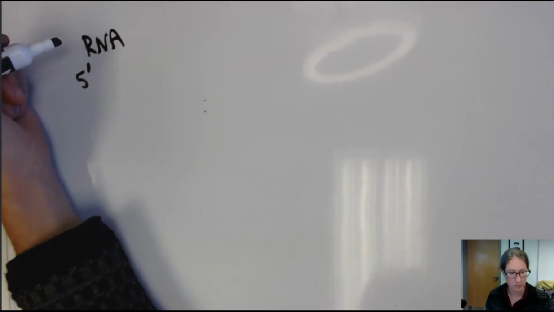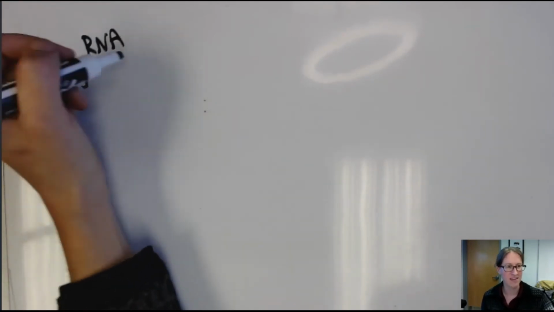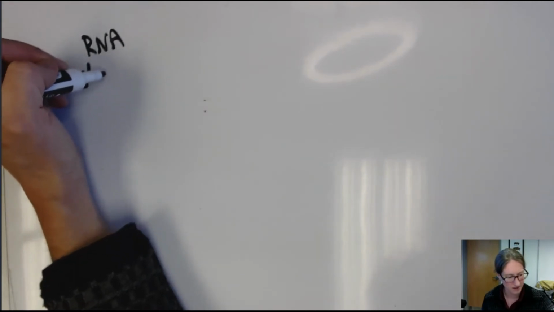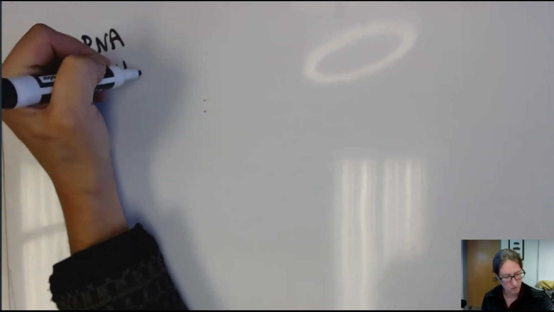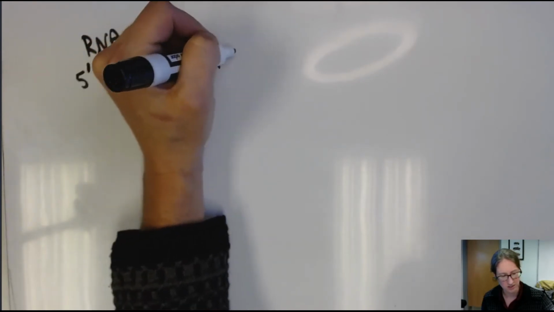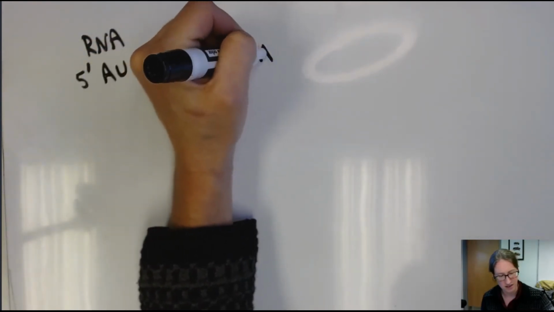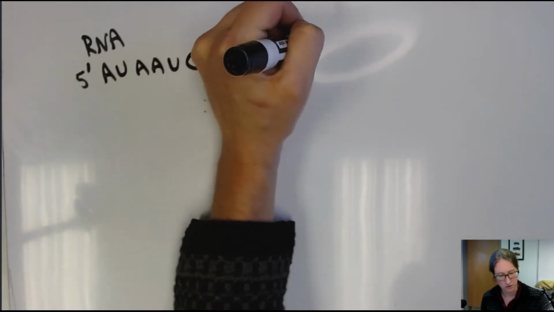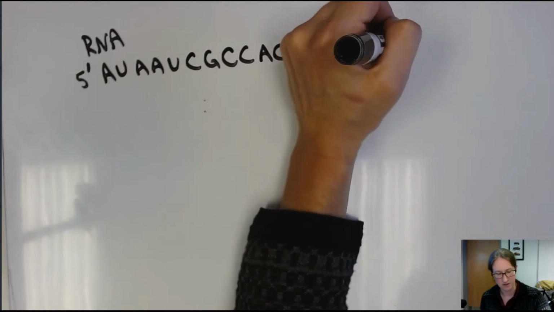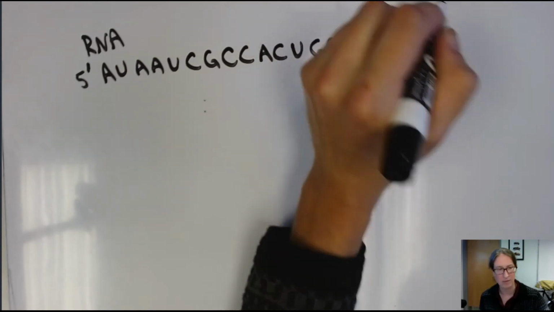And for shorthand, we're just going to write out this sequence of bases that's connected together along that chain. So it might be something like A, U, C, G, C, C, A, C, U, G, G, A, dot, dot, dot. And then here's our 3' end, okay?